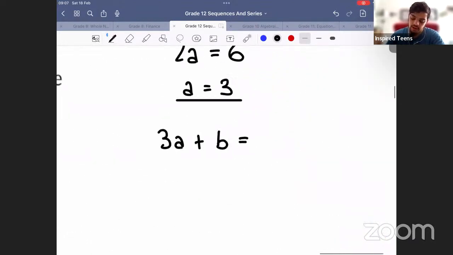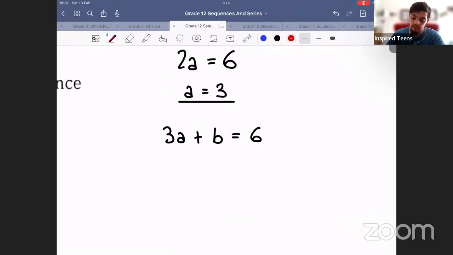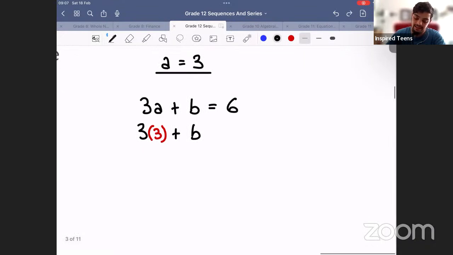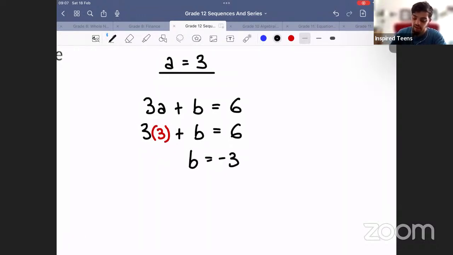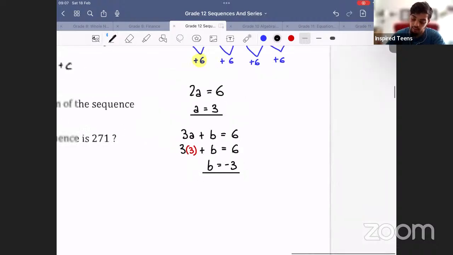So I'm going to say 3a plus b is equal to 6. Now remember, we solved for a. A we solved as 3, so I can substitute that in there. So 3 times 3 plus b is equal to 6. When I solve for b and leave b alone, I take this 9 over, and it becomes negative 3. If I have any calculation errors, please stop me to correct me.